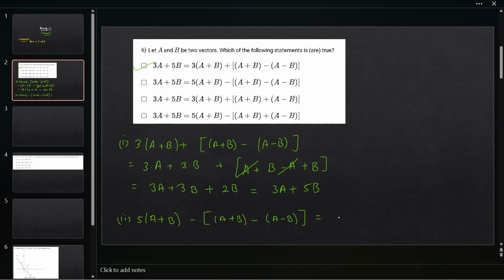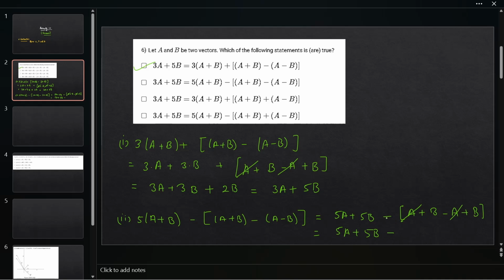So first, 5 times (A plus B) is going to become 5A plus 5B, minus (A plus B), and minus (A minus B) will become minus A plus B. Now we have plus A minus A, they will cancel out each other, and we have plus 2B.